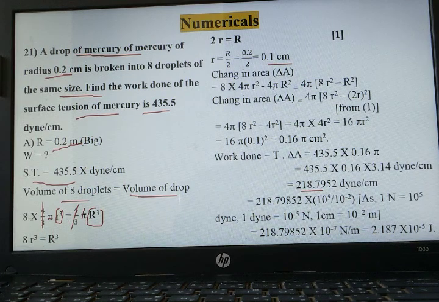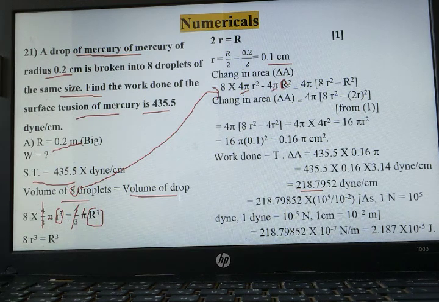Now the change in area, we can find out this way also. There were 8 droplets, so we write 8 into 4 pi r square, where small r is the radius of the 8 smaller droplets, minus 4 pi R square, where capital R is the radius of the bigger droplet.